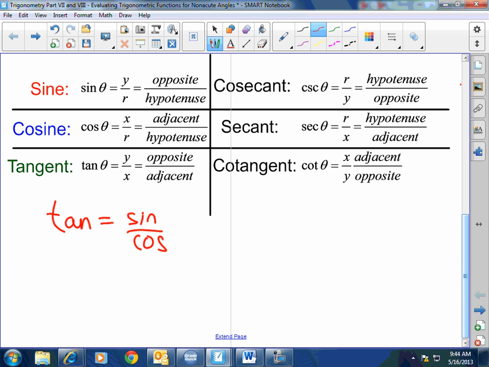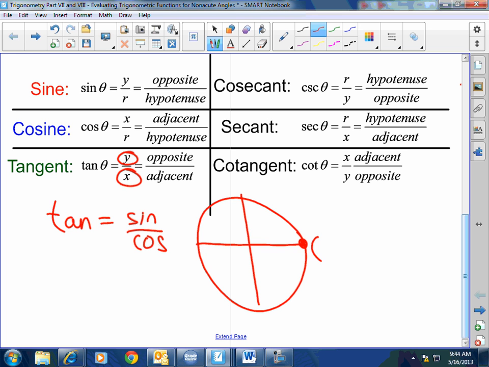It doesn't take a genius to understand that y, remember that's the opposite, that's going to be the sine, x is the cosine. Remember that on a unit circle, points on the unit circle, the x value is the cosine and the y value is the sine. Right, guys? Everyone's with me so far, right?